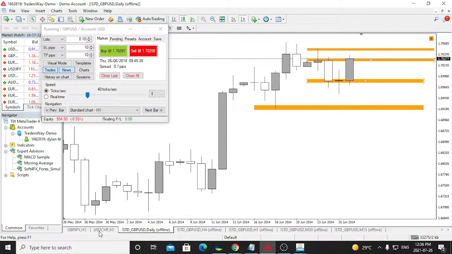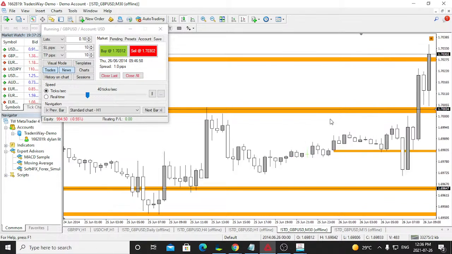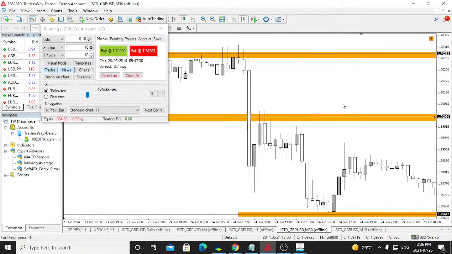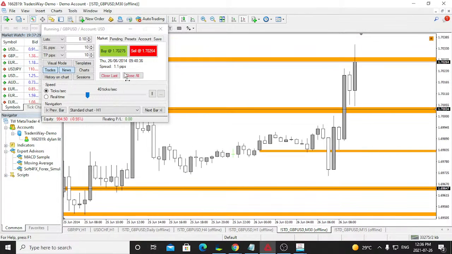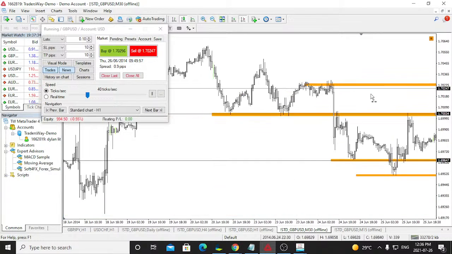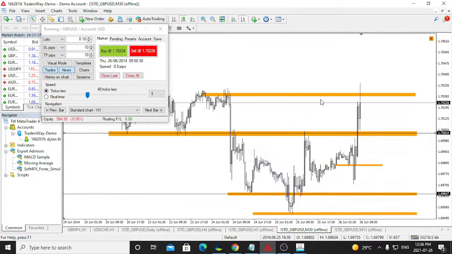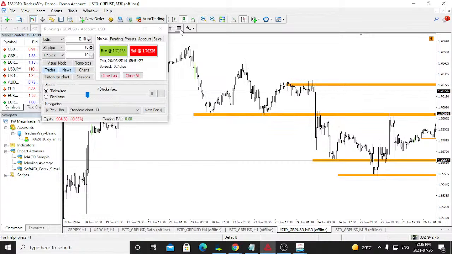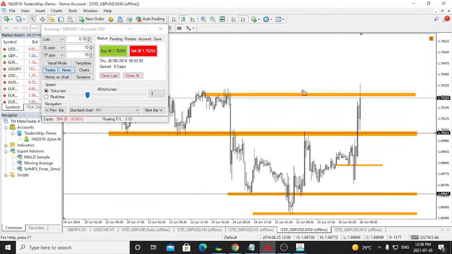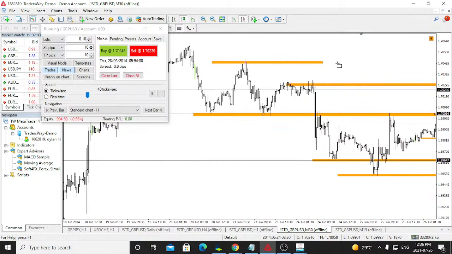Oh wait, no, not yet. Not yet. It's just breaking out of tops. Oh, I just can't see it anymore, so I have to actually zoom out, and then yeah. So breaking out of that top is more than likely over here.